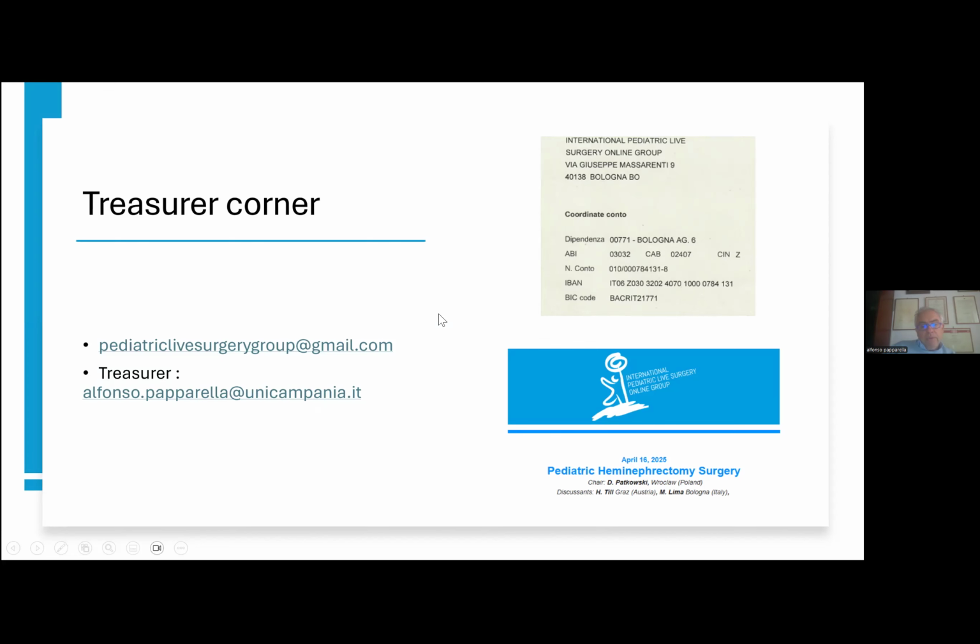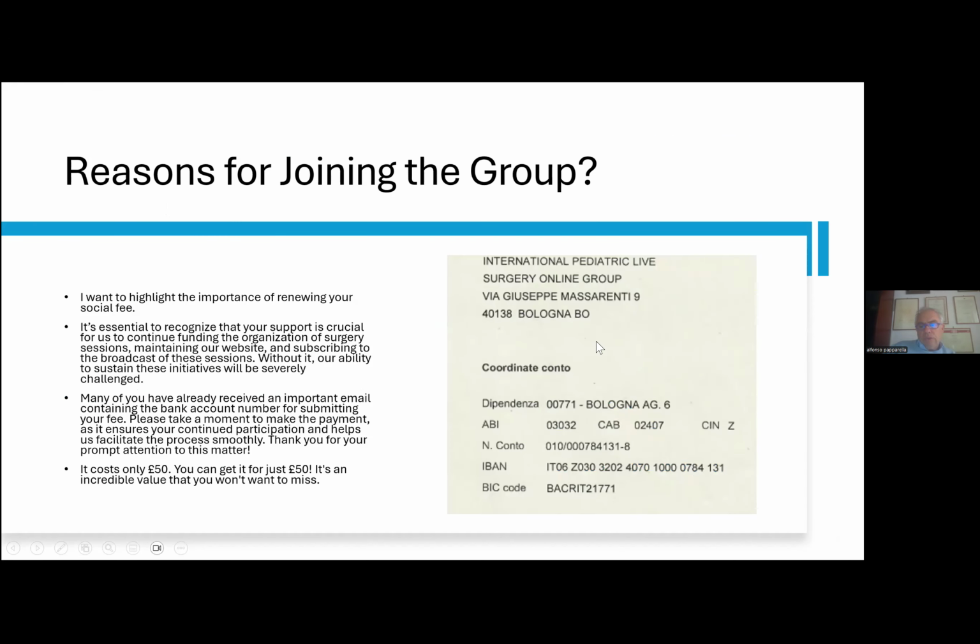So I just want to stress the importance and the reason for joining the group, and also the reason why the fee is very important. As you know, the fee is very, very low. It's just 50 euros. It's essential to recognize that the support of all the members is crucial to continue funding the organization of surgery sessions.